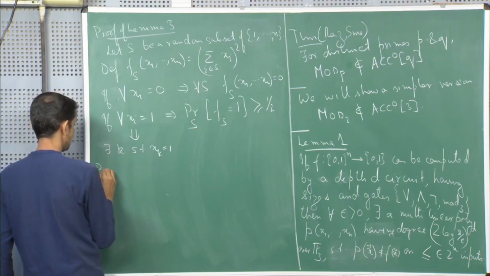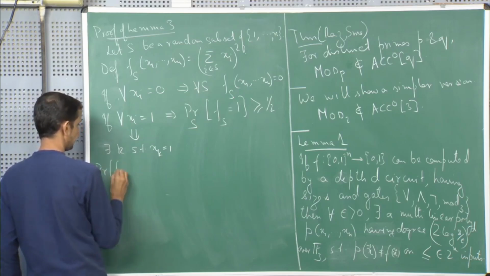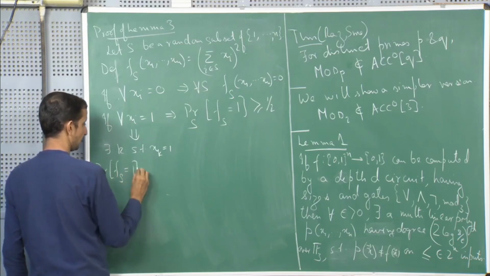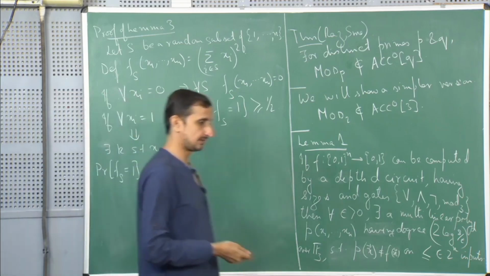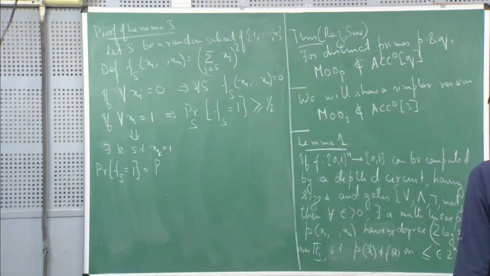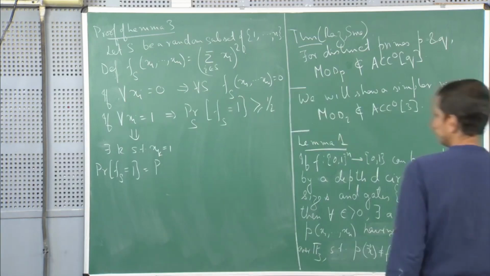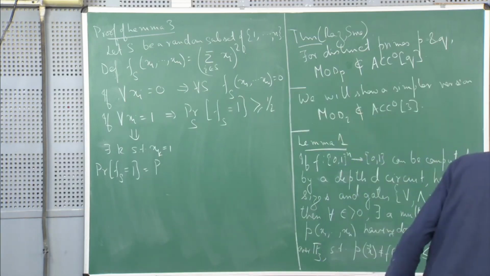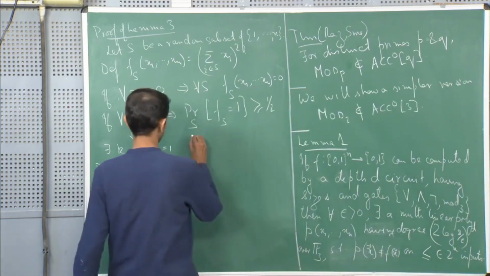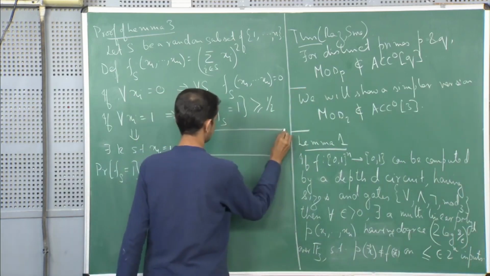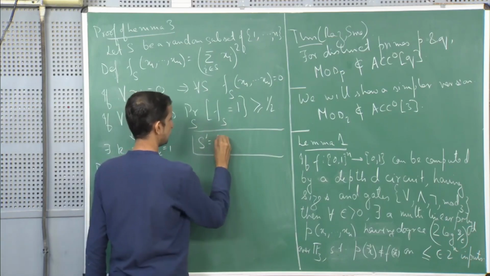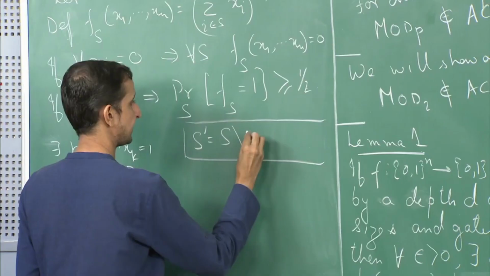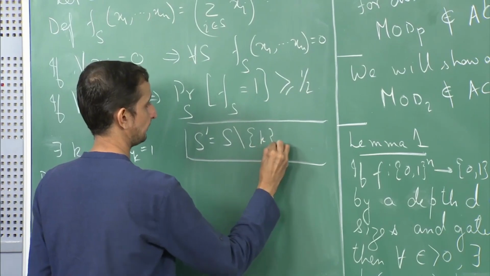So, I can write the probability of f of S equal to 1 as, okay, I need one more notation. Let me just define S prime to be S minus the index k.